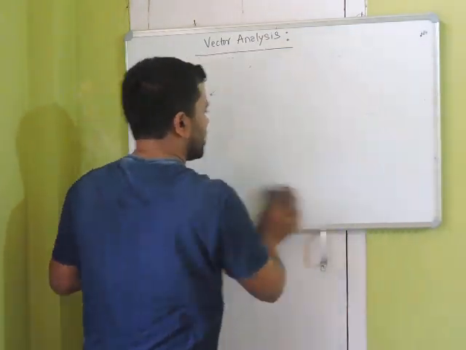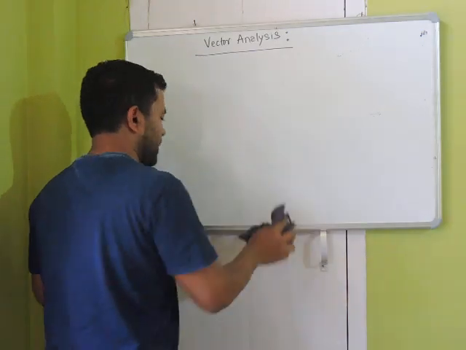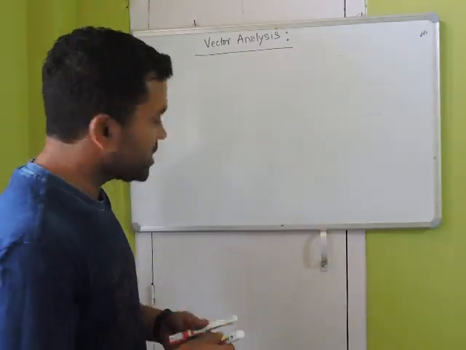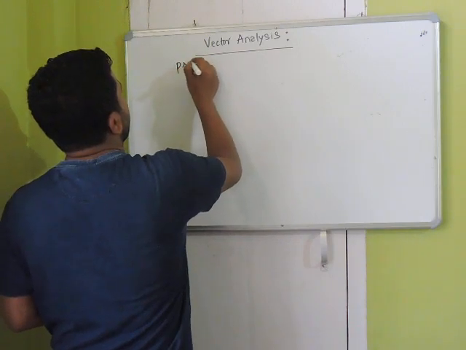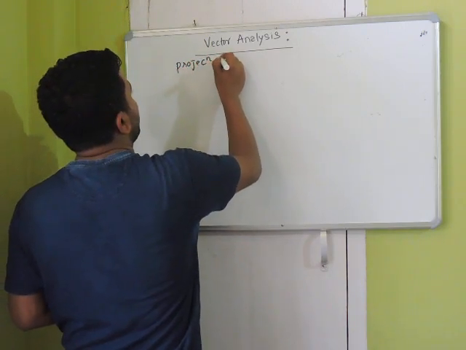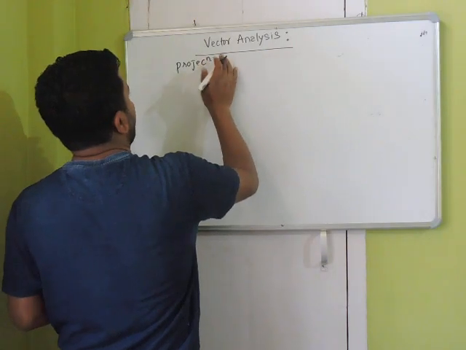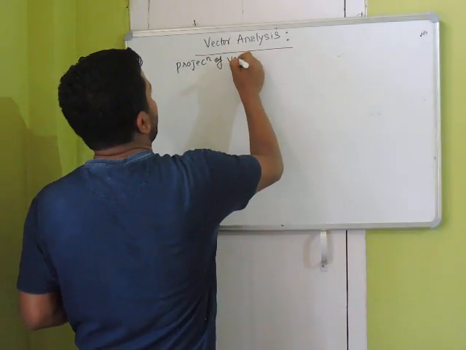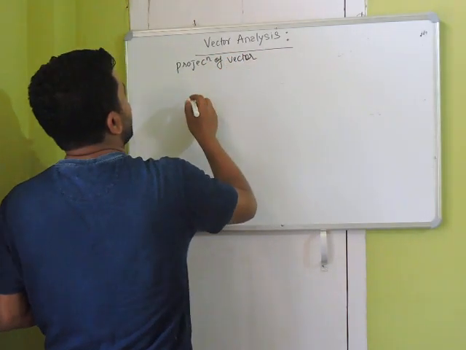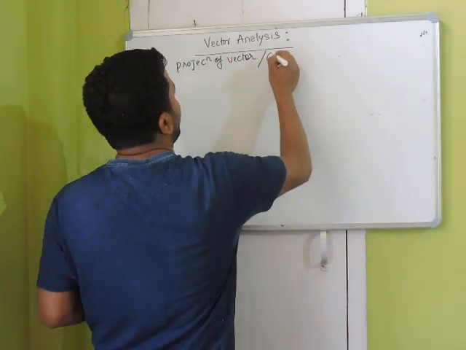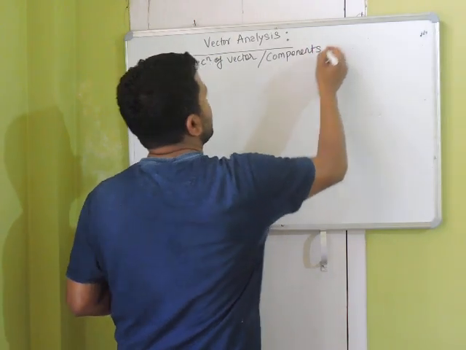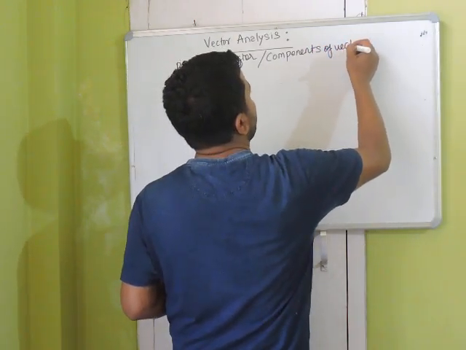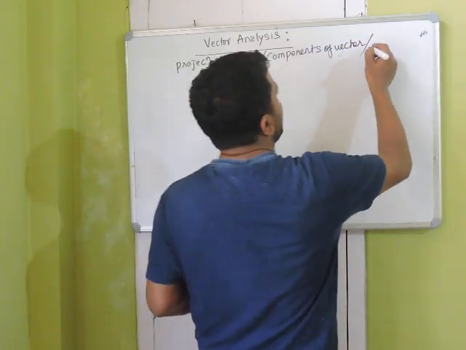Now we are going to talk about the most important part of vectors, that is called projection of vector, also called components of vector, and also called resolution of vector.